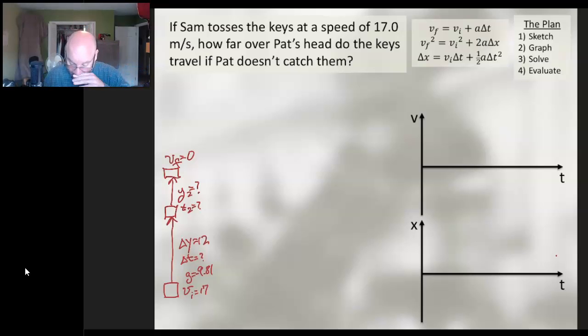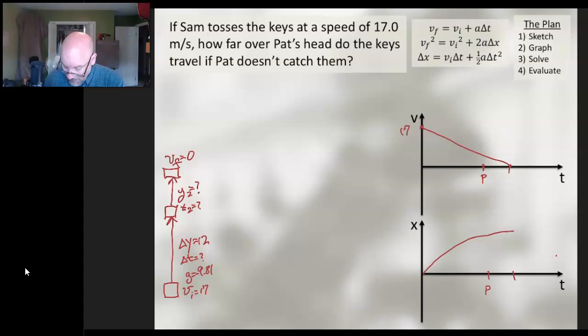Our pictures are going to look just like they did last time, except now we're starting out at 17 here, and we're going to go straight down to 0. Somewhere along here is where Pat is, and they're going to go past Pat. The keys go something like this.